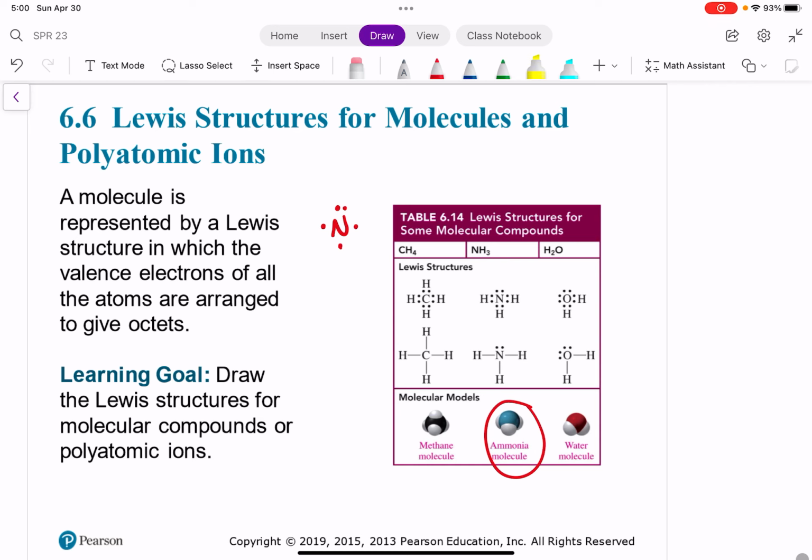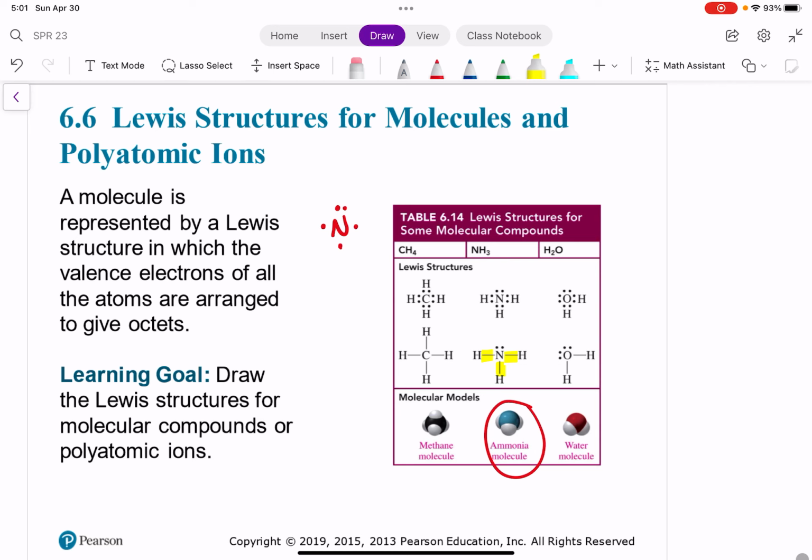And we can actually see those 3 hydrogens here. These lines mean they're sharing electrons. Those are our covalent bonds. Remember, covalent means sharing electrons. And so we can actually show how those electrons are being shared and what our molecule kind of looks like, using those Lewis structures.